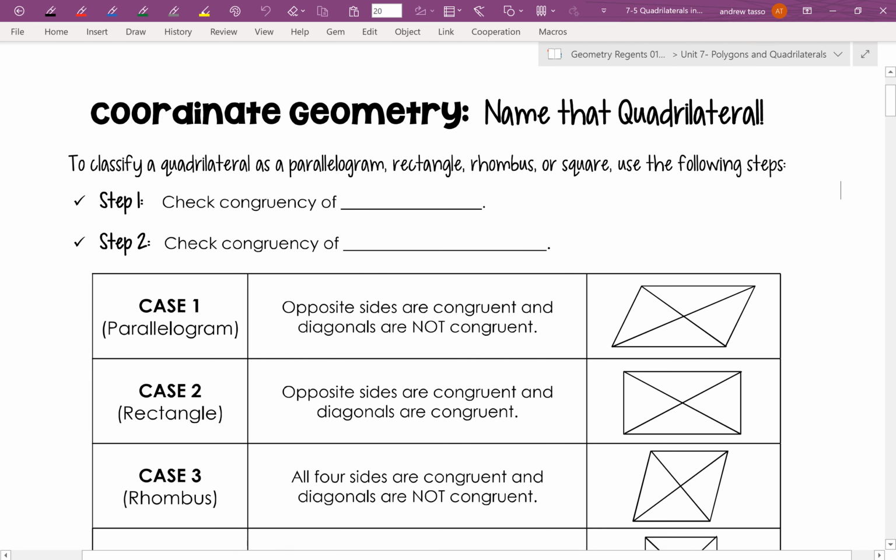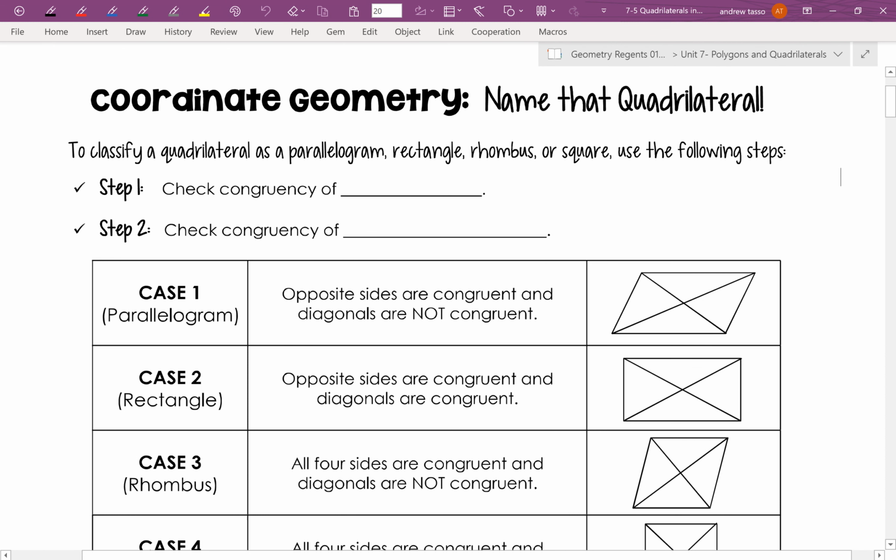Okay, guys, so in our next lesson, we're going to be discussing how we can classify quadrilaterals into one of these categories: parallelogram, rectangle, rhombus, or square. So basically what we have to do is check for the congruency of the sides of the shape, depending on if all four sides are equal or just the opposite sides are equal.